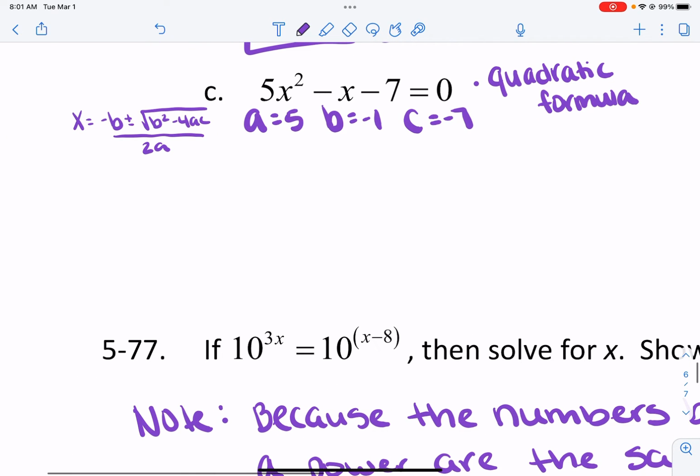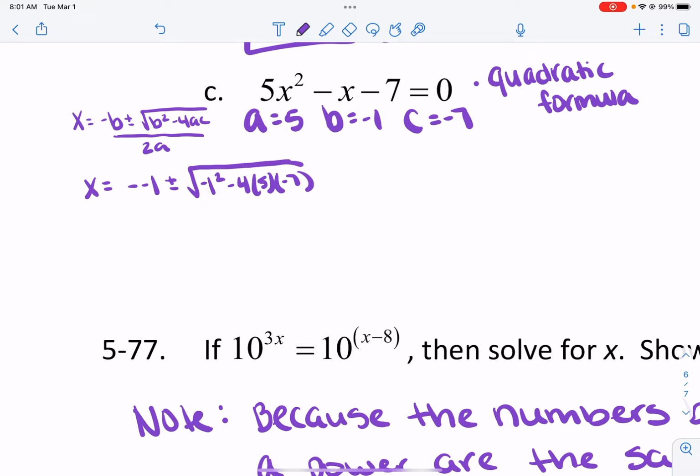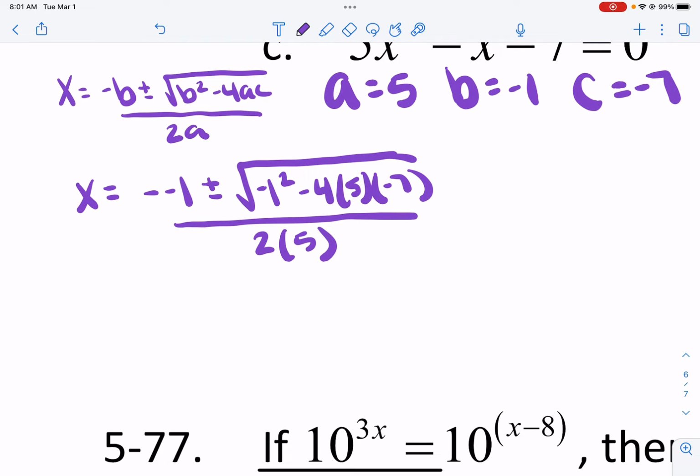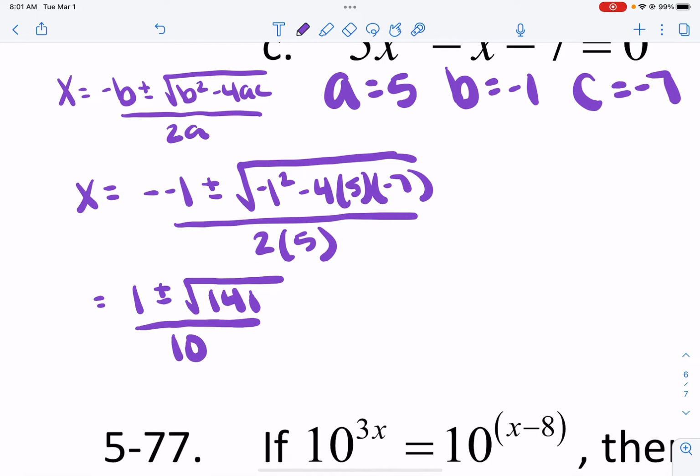So let's start. We've got x equals, so we've got a negative 1 plus or minus the square root of negative 1 squared minus 4 times 5 times negative 7 all over 2 times a, which is 5. Okay, so we've gotten that far. Now that negative 1, we can make positive. Negative 1 squared minus 4 times 5 times negative 7 ends up being 141 all over 10.